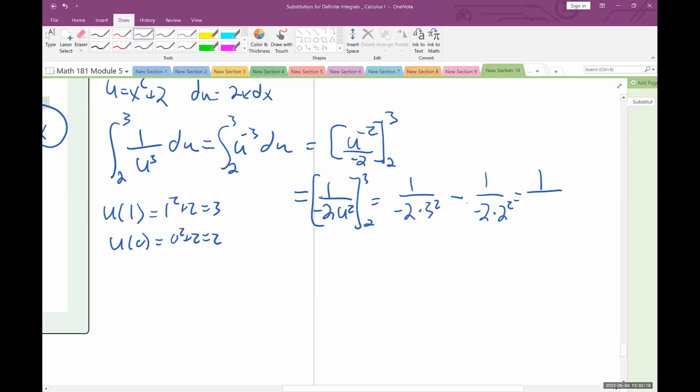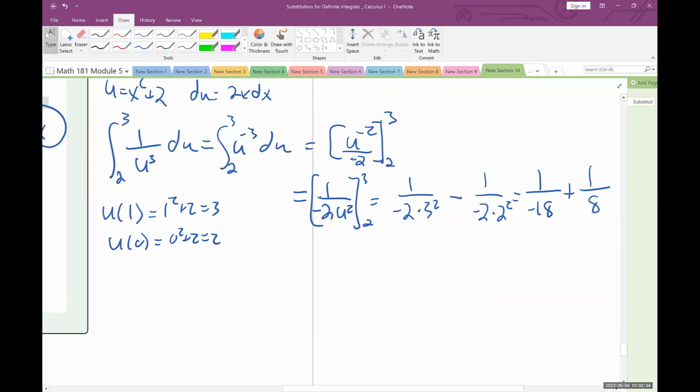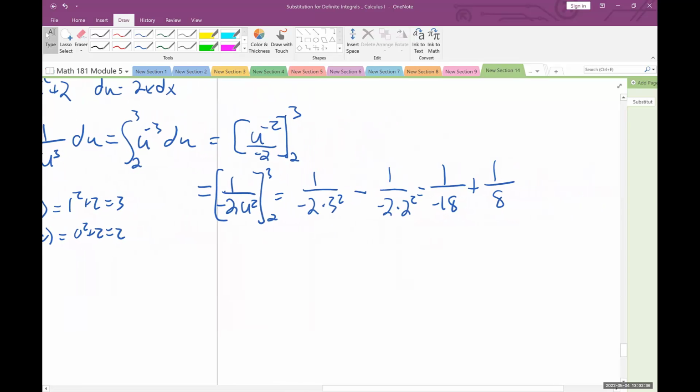So -2 times 9 is -18. And I have a double negative, so make that a plus. 1 over 2 times 4 is 8. So I guess we need a common denominator between 8 and 18. It came up with 72.